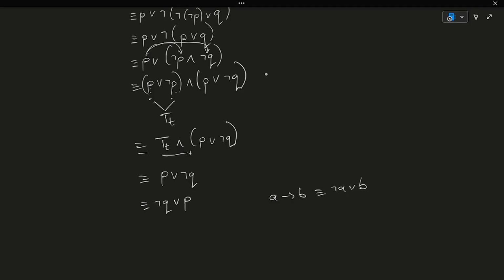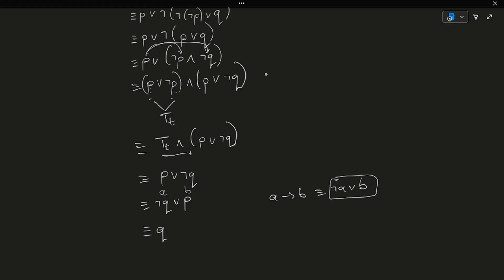Now if you look at this, let this one be our A and this one be our B, right? That means that if you have not Q, this is the same as not A, or P, which is B, which is similar to this, which means we can rewrite this in this way.